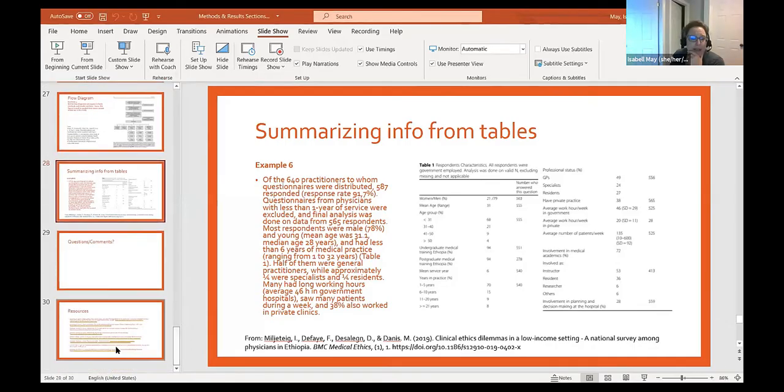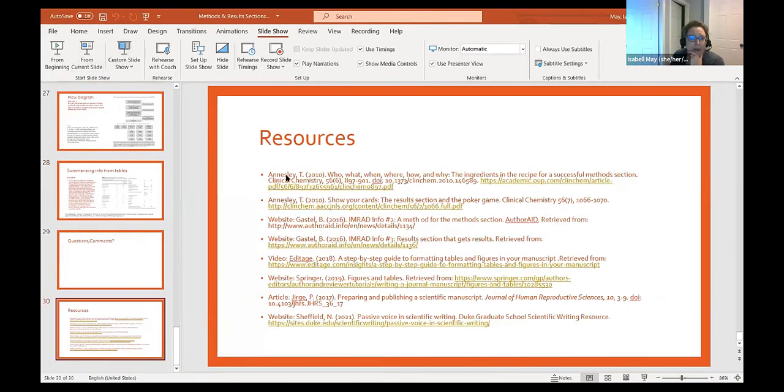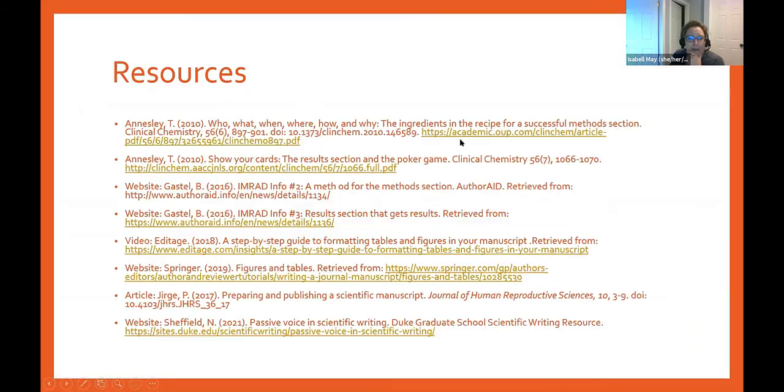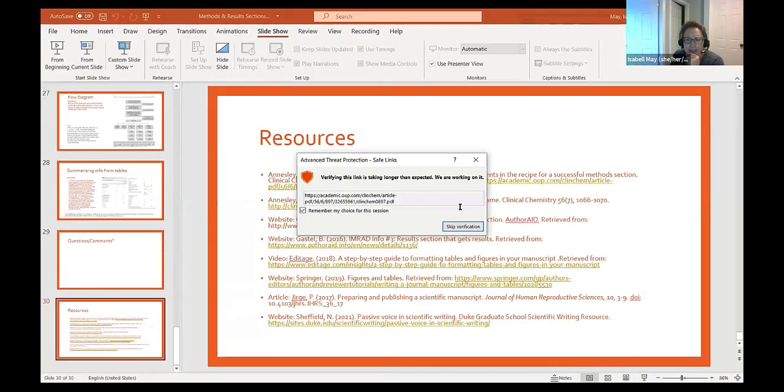And I did want to point out, let me go back to screen share one quick second. Here we go. I'm going to show you the last slide here. If there's two things I would suggest to read, those two articles here by Ainsley. I'm going to click on one of them. They're open access.